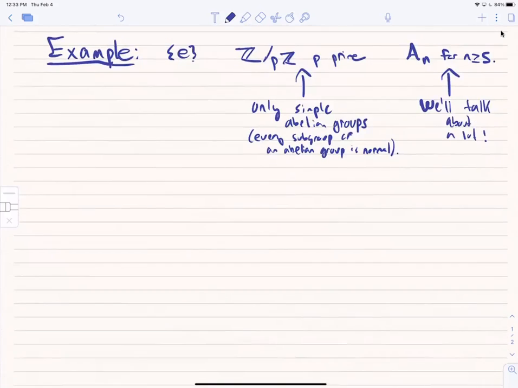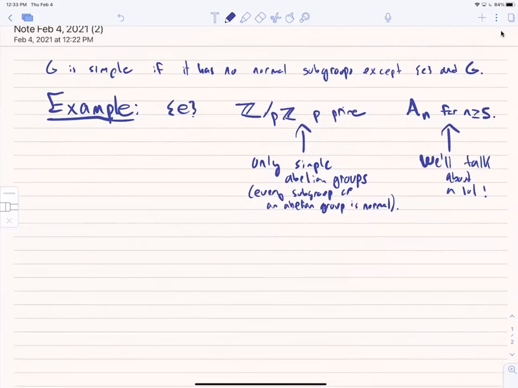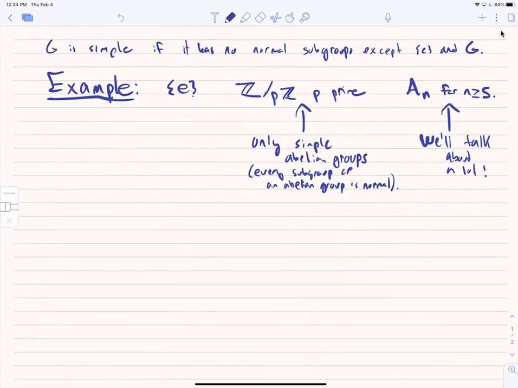Great. Okay, so these are some examples. I want to talk about the alternating group because I don't think I've defined it carefully yet. So let's go ahead and define the alternating group carefully. I'm going to do it in a slightly funny way, but it'll be using things we've already done.